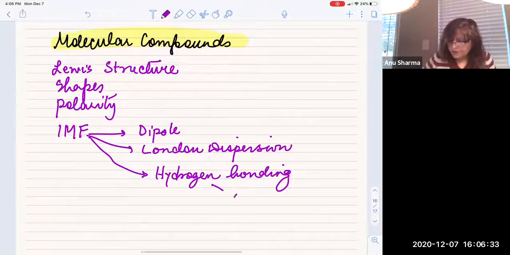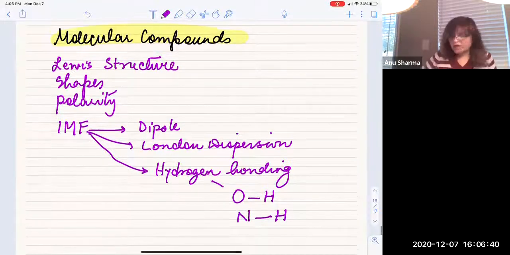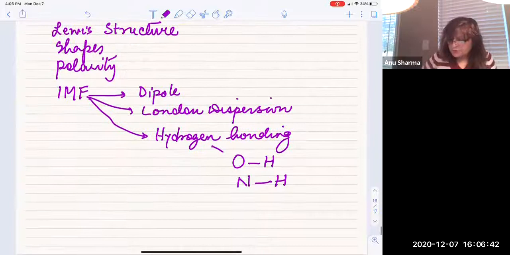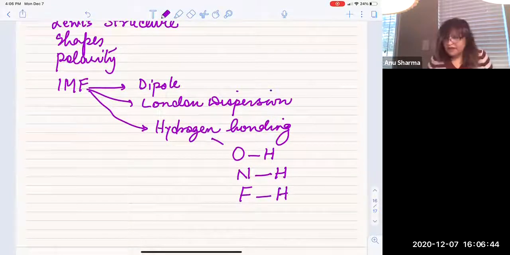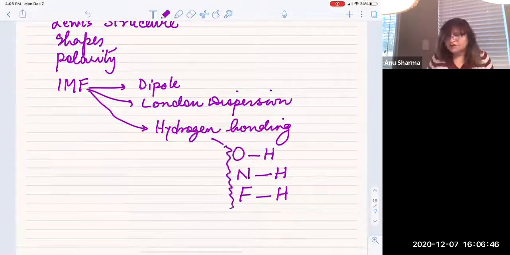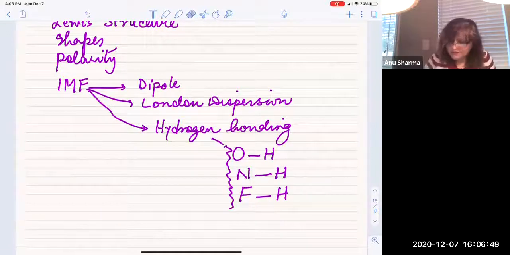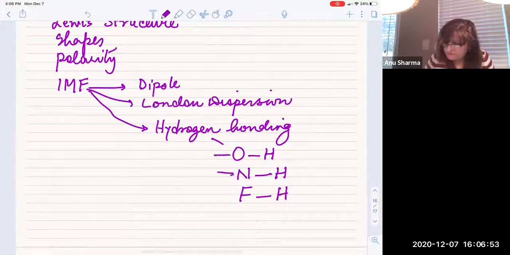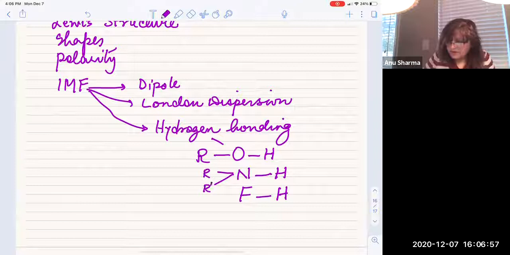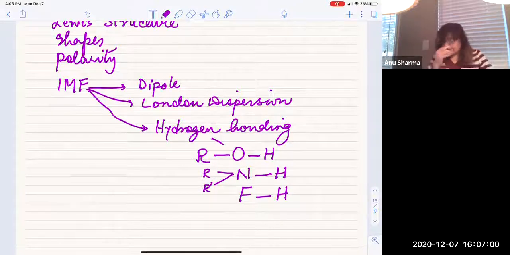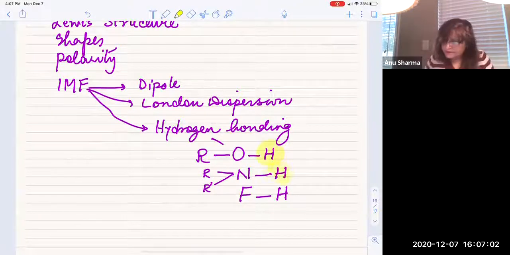So remember that hydrogen bonding is only oxygen attached to hydrogen, nitrogen attached to hydrogen, hydrogen attached to fluorine. And we don't care what the rest of the molecule is. Fluorine obviously is just HF, but here it could be anything, R, R dash. It could be anything, but it's only this hydrogen that participates in hydrogen bonding. So always pay attention to that.